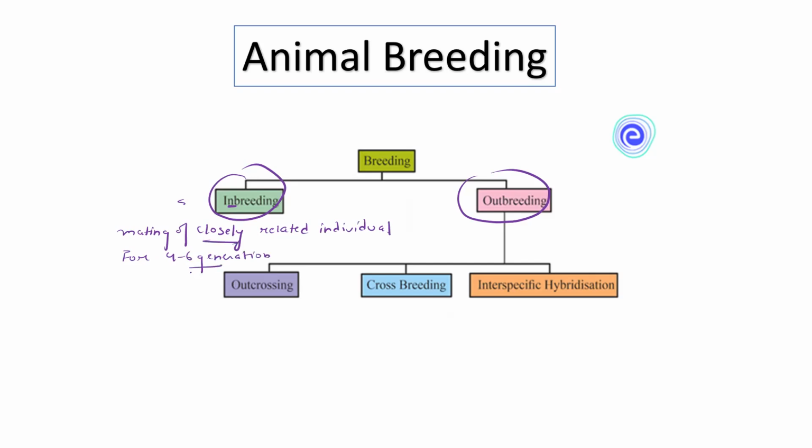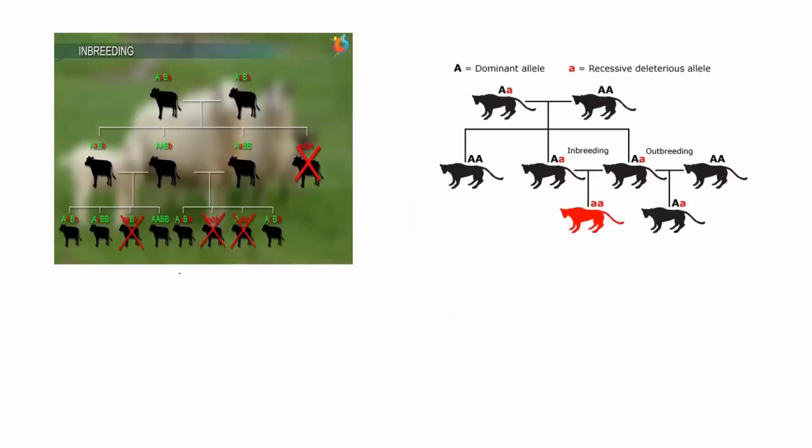They have the same common ancestor. In inbreeding, there is mating of closely related individuals for 4 to 6 generations.